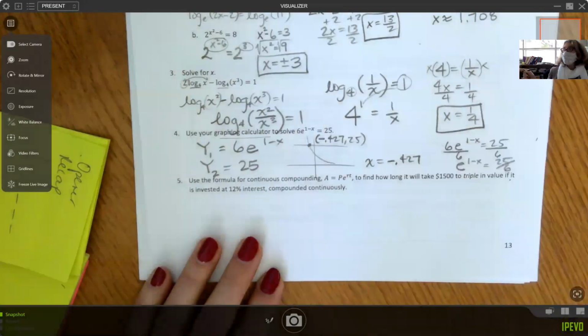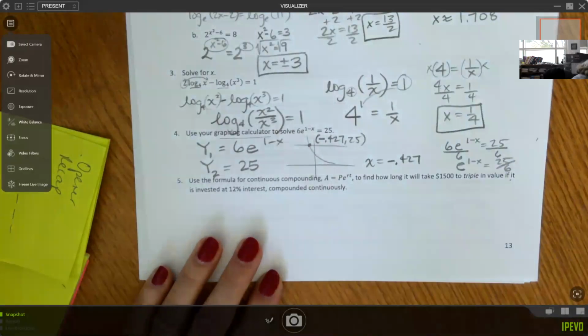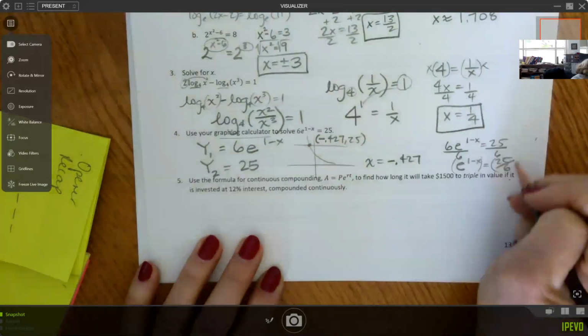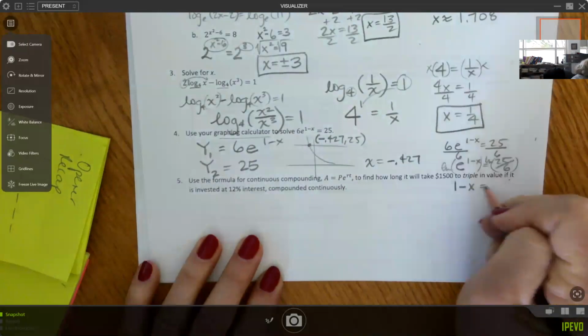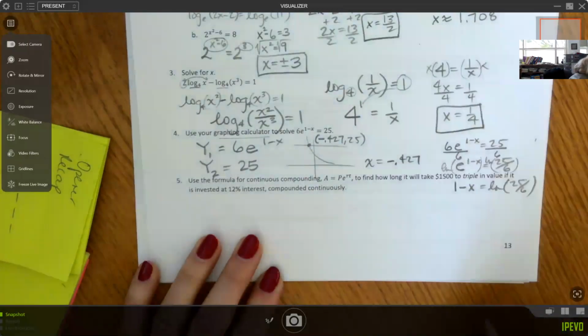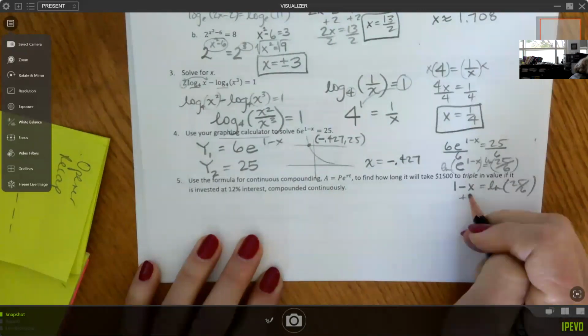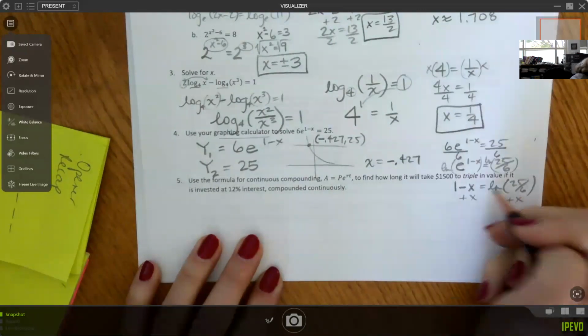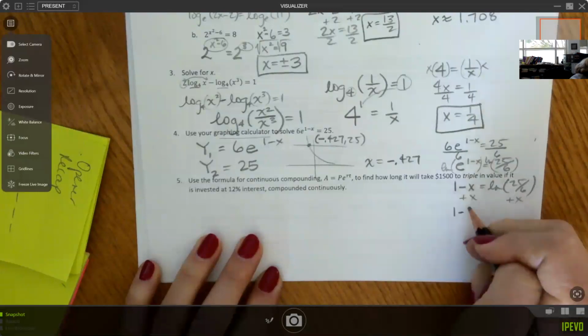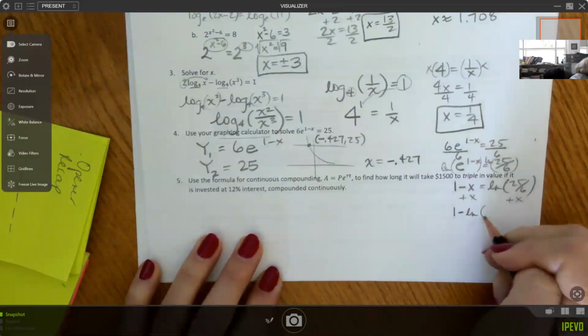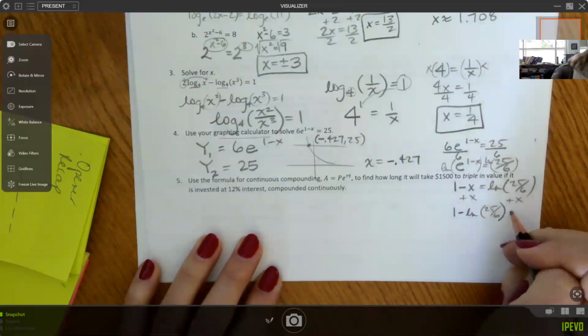So what am I going to do to both sides now? Exactly. I take the natural log of both sides, and now I've got 1 minus x equals the natural log of 25/6. So if I add x to both sides and I subtract the natural log of 25/6, I'll have 1 minus the natural log of 25 over 6 equals x.